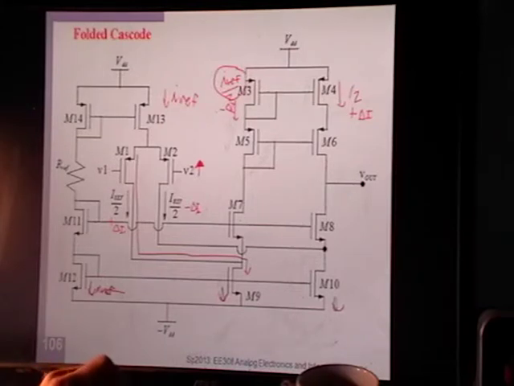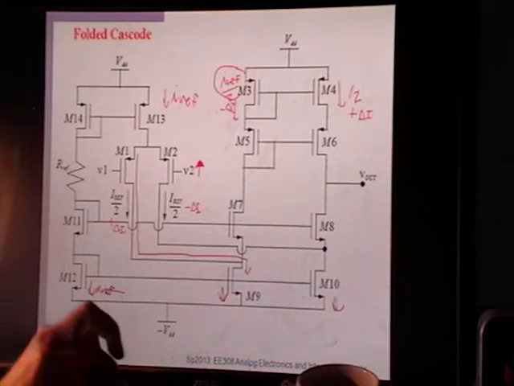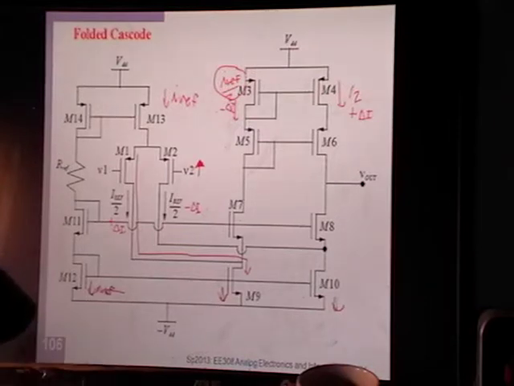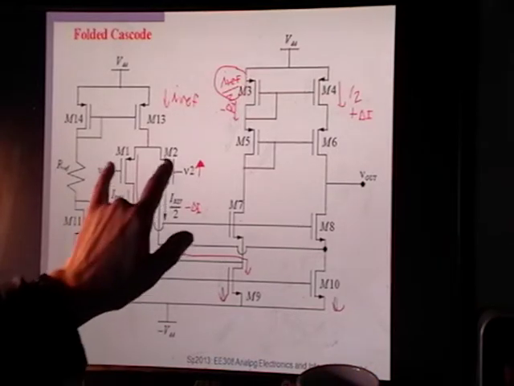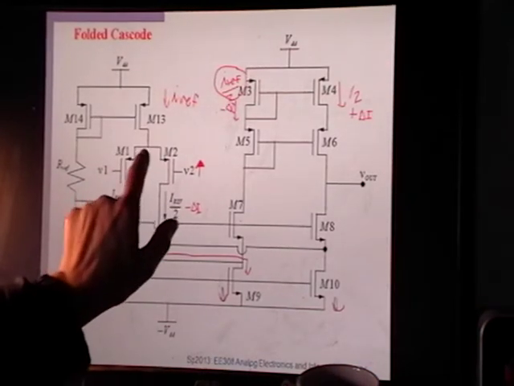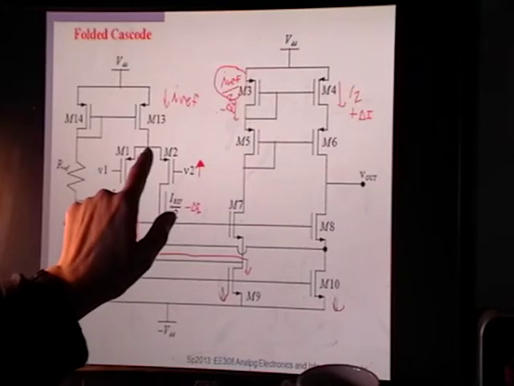So the other thing that I mentioned about this is that the gain drops a little bit. If the input transistors are not degenerated, and this one isn't, remember, if this is balanced, this becomes an AC ground.